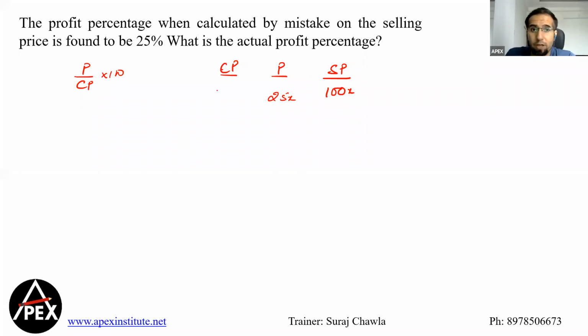If there's a profit of 25x, what is the cost price? The cost price is 75x, because I know that cost price plus profit is equal to selling price. So the actual profit percentage would be profit upon CP multiplied by 100, which is 1 by 3, and 1 by 3 is going to be 33.33 percent.